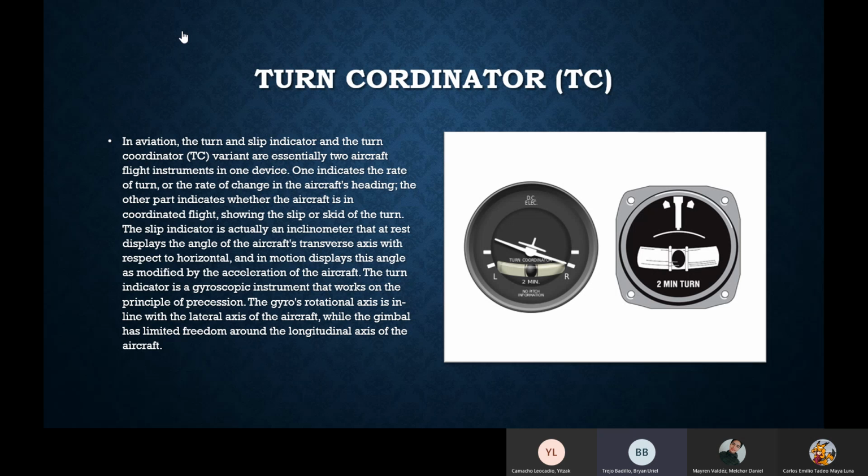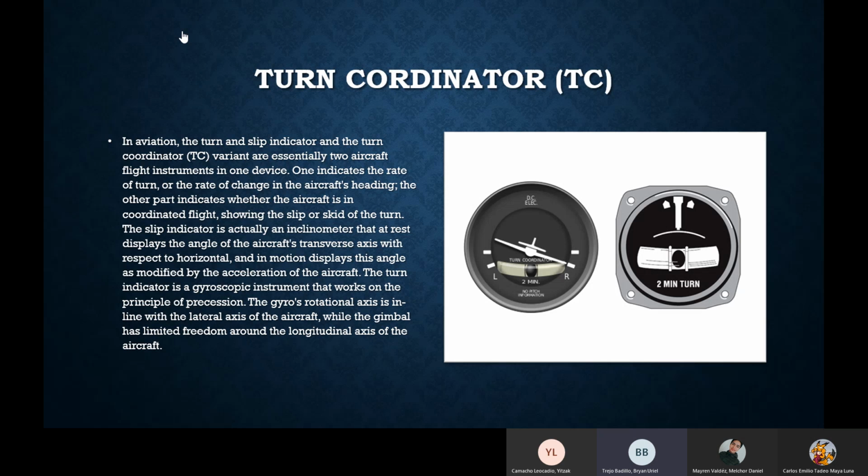The other part indicates whether the aircraft is in coordinated flight, showing the slip or skid of the turn. The slip indicator is actually an inclinometer that displays the angle of the aircraft's travel axis with respect to horizontal and, in motion, displays this angle as modified by the acceleration of the aircraft.